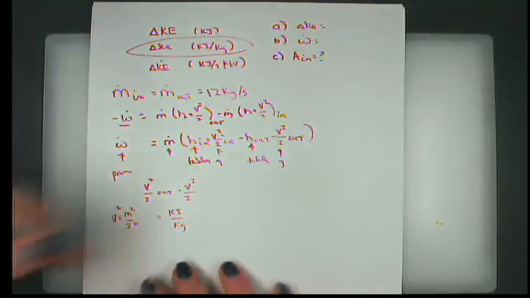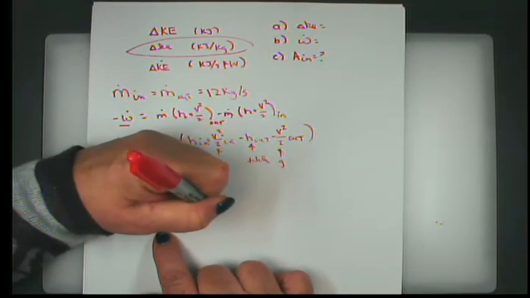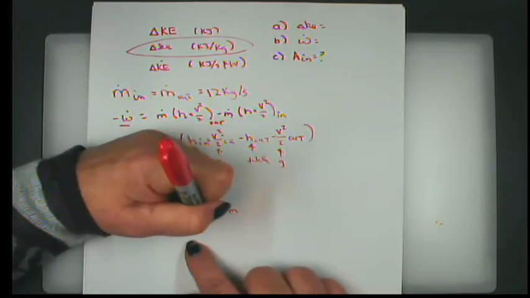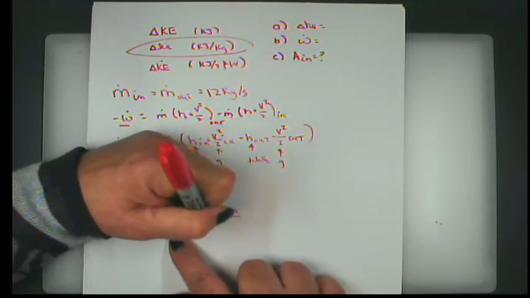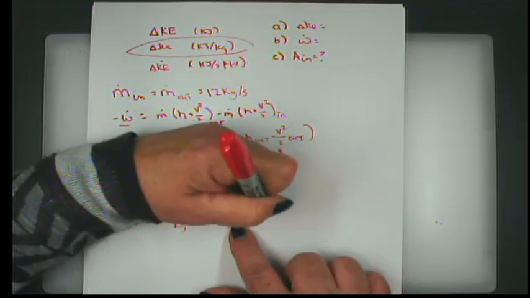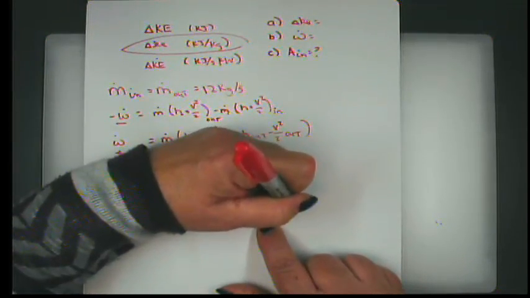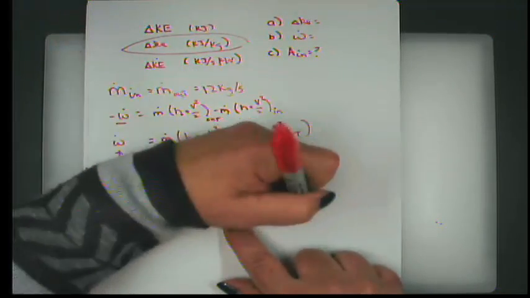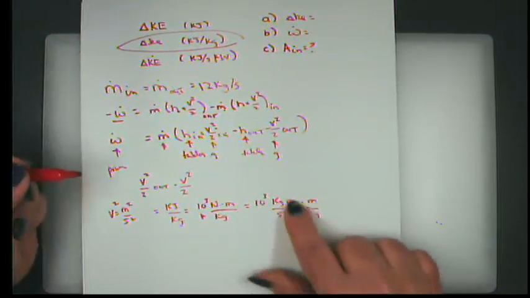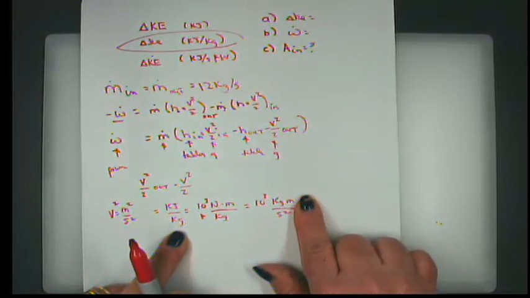Well, let's find out. What's a kilojoule? It's 10 to the third Newton meters, and that would be times kilogram. We know that a Newton is a kilogram meter per second squared. We have times meter times kilogram meter per second squared.